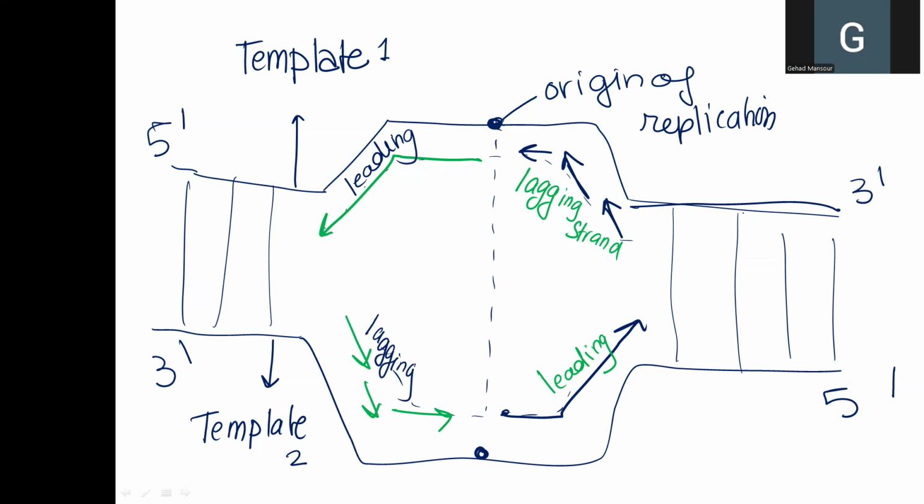So at the end of the day, every strand of the DNA molecule that is complementary to one of the template strands is formed of a leading part and a lagging part. Where are the primers located? The primers are at the beginning of the leading strand. So here we will have a starting DNA primer, and here we would have another DNA primer.